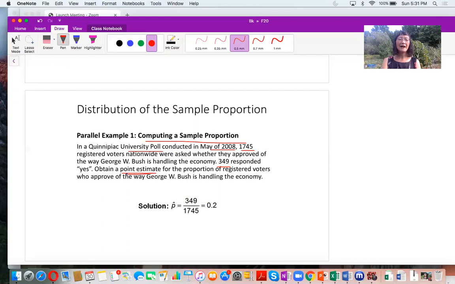Obtain a point estimate for the proportion of registered voters who approve of the way George Bush is handling the economy. So the question asks you to obtain a point estimate for the population proportion.